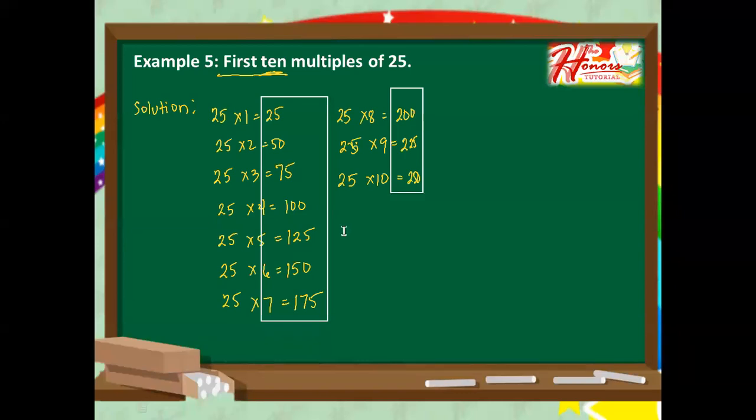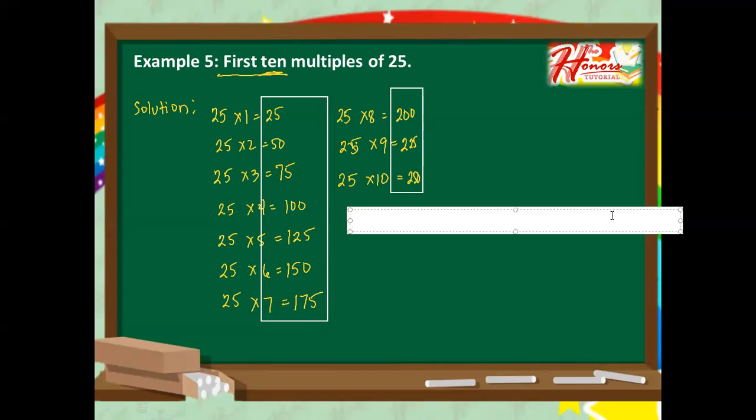Let's write it here. So we have here 25, 50, 75, 100, 125, 150, 175, 200, 225, and 250.